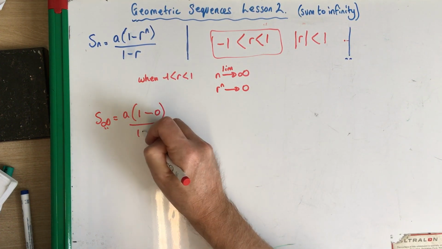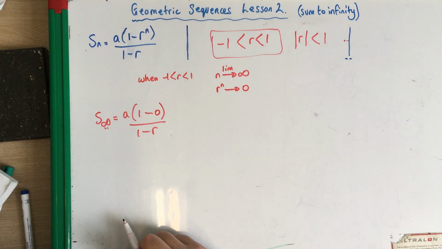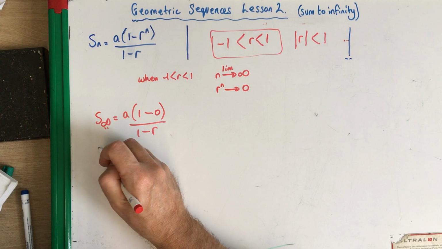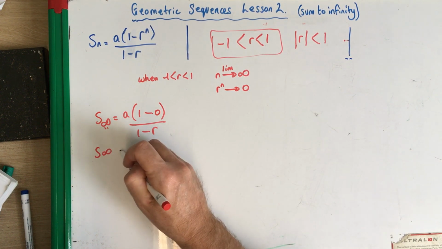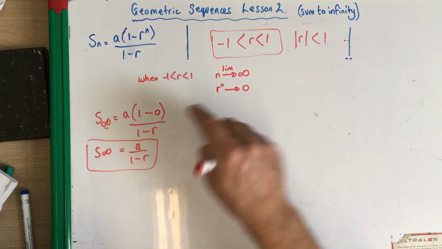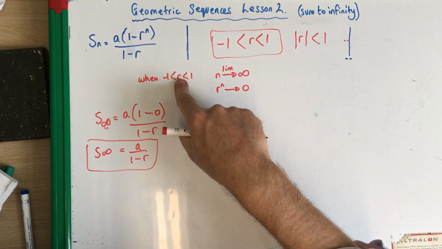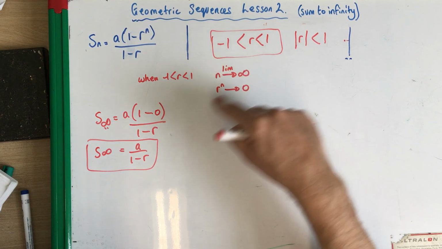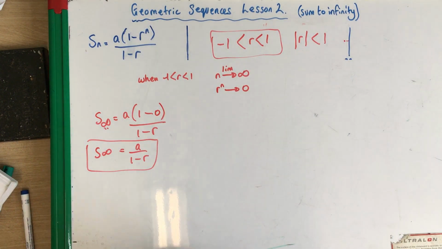So we've got 1 minus r on the bottom. And 1 minus 0 is 1, so the sum to infinity is equal to a over 1 minus r, and that's your proof. You only have to state that it's in this condition, know that little bit, and then just 2 steps and you're there.